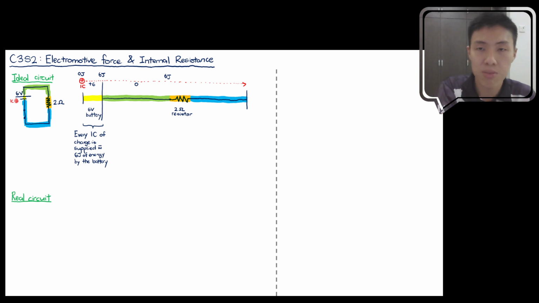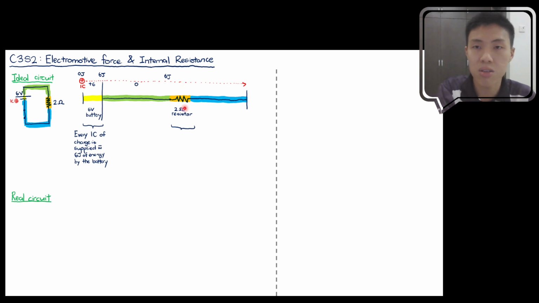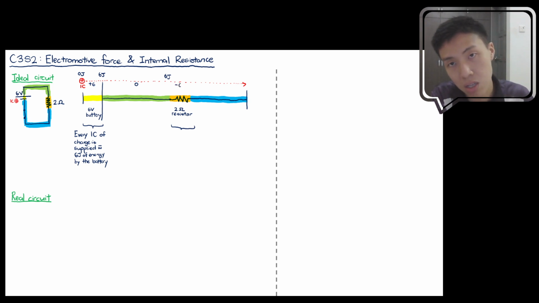So this resistor will be receiving all 6 joule of energy. Since the resistor accepts that 6 joule energy, the charge loses all 6 joule energy, so it exits the resistor with 0 joule of energy.